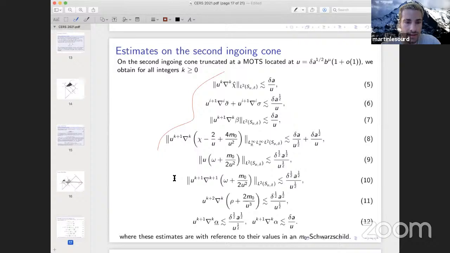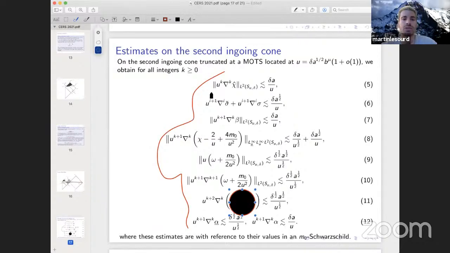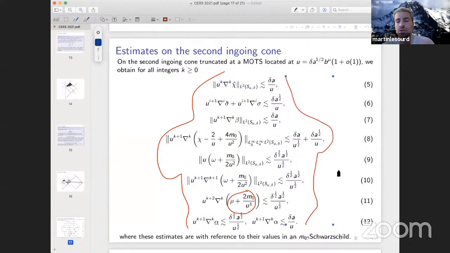So all the left-hand sides here are with respect to M0, and that's a Schwarzschild space-time of mass M0. All the quantities here are with respect to a Schwarzschild space-time, and then all the right-hand sides have a delta or a delta to the half or U's, etc., which tell you how big these things are.